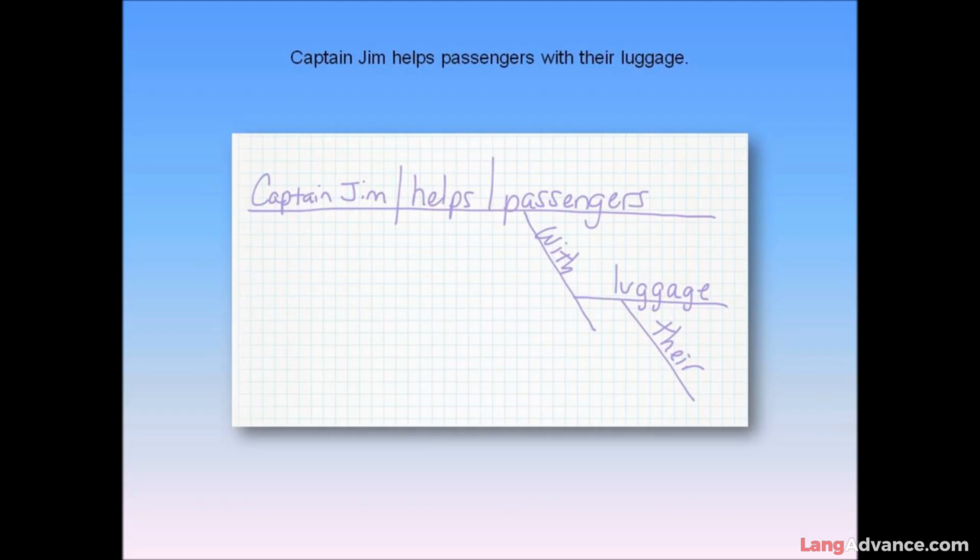Captain Jim helps passengers with their luggage. Captain Jim, being the name of the captain, is the subject, helps is the verb, and in this instance, with their luggage is the prepositional phrase that describes the direct object, passengers. Captain Jim helps who? Passengers with their luggage.